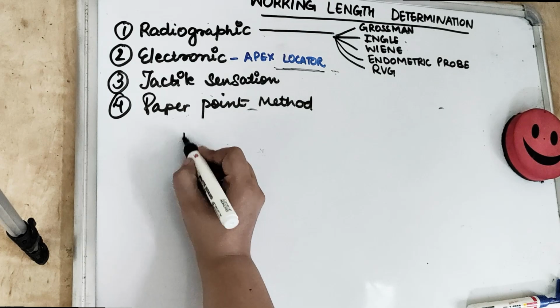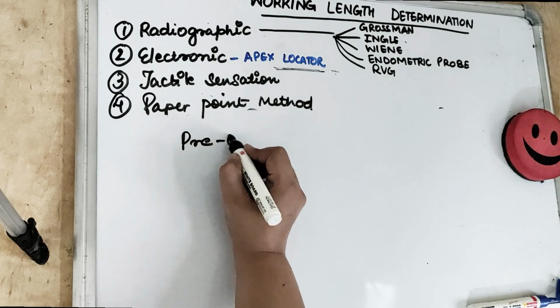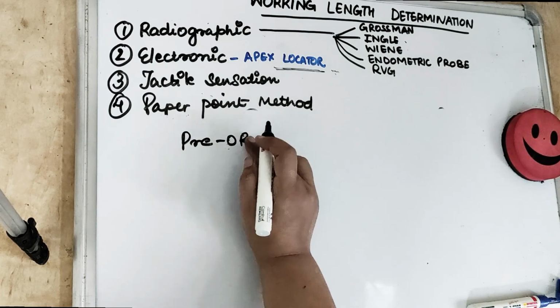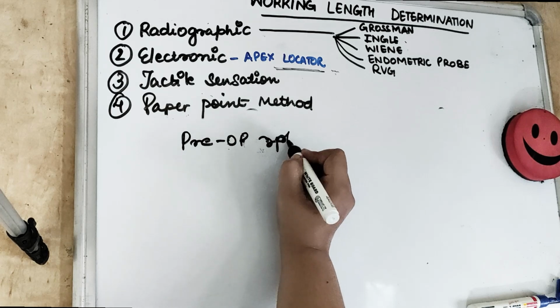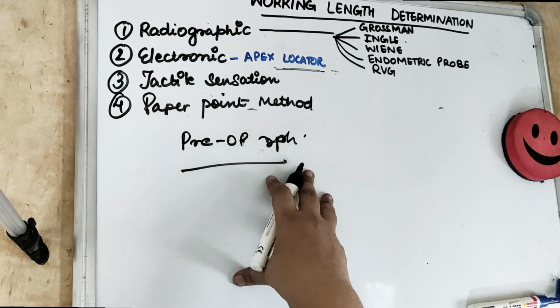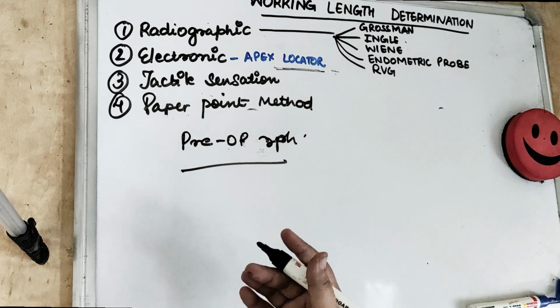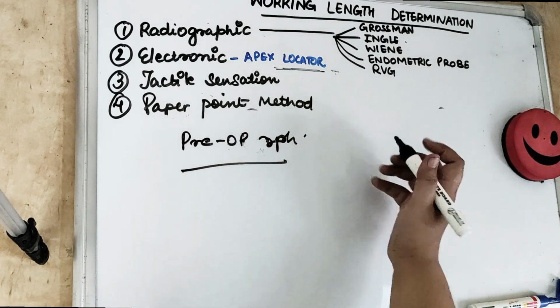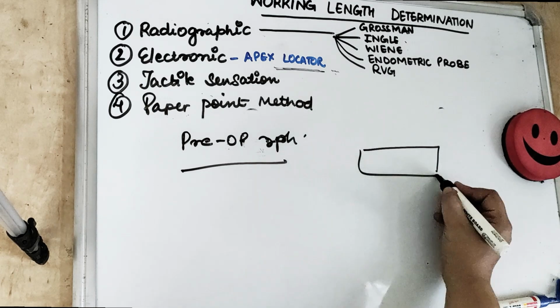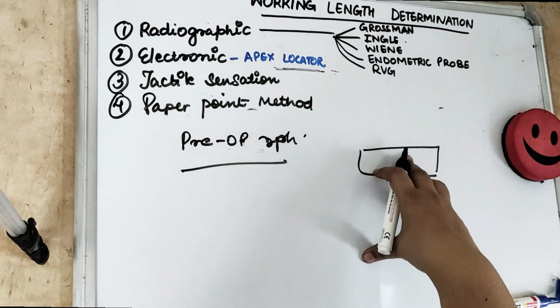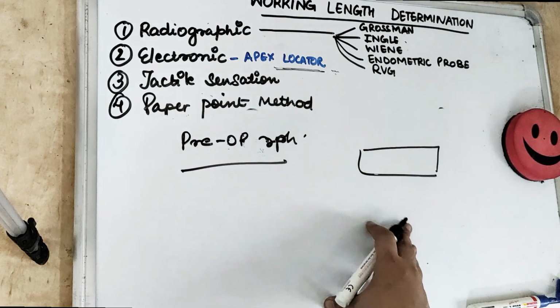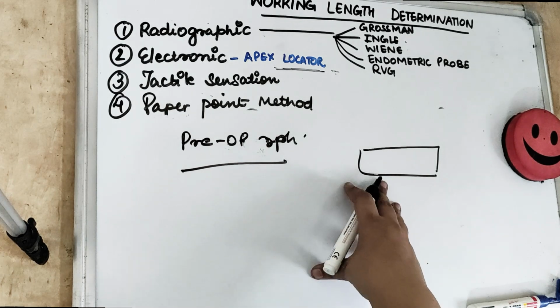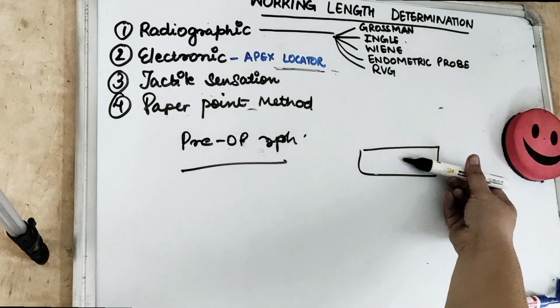The first thing we do in the Ingle method is take a pre-operative radiograph, and after that we measure the canal. There is an endodontic millimeter ruler, which is basically a scale used only for measuring the working length of files.